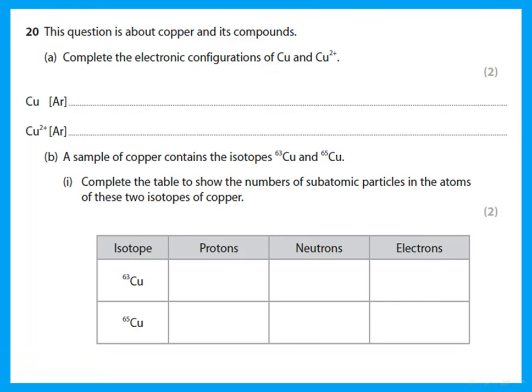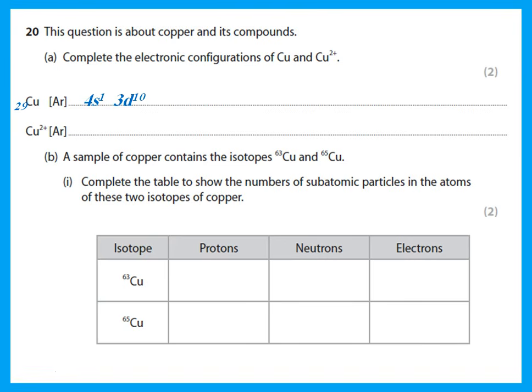This question is about copper. So he's saying complete the electronic configurations of copper and copper 2+. And remember, he has argon in there. Copper is 29, the argon is 18. So I put the rest of the electrons. That will be 4s1 3d10. Remember, we don't say 4s2 3d9. If a sublevel is full or half filled, then it will be more stable.